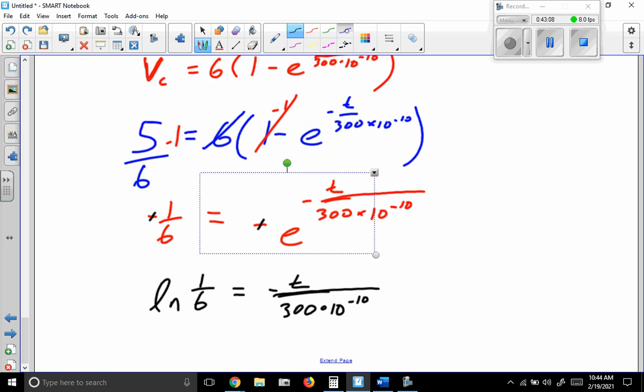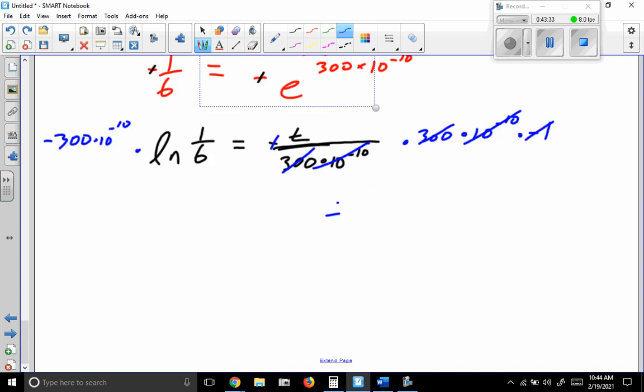So to get t, we're going to multiply both sides by 300. That'll make the 300s go away. Multiply both sides by 10 to the negative 10. That'll make the 10 to the negative 10s go away. We also need to multiply by a negative so that those negatives cancel. That's going to leave us t on the right.